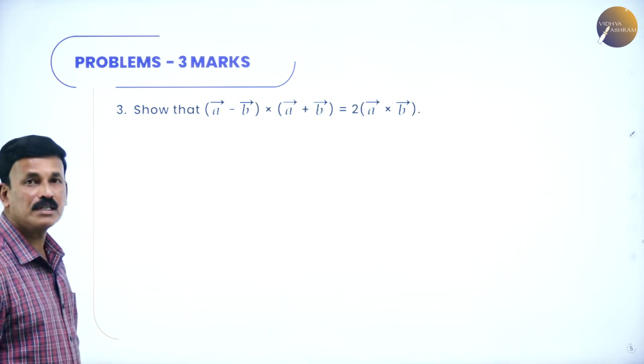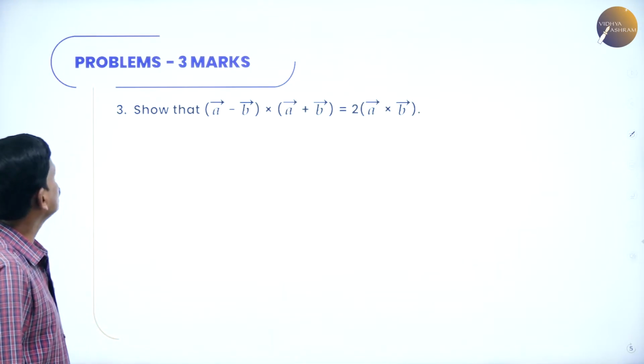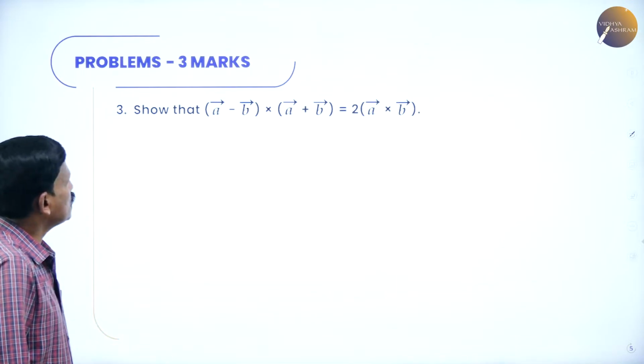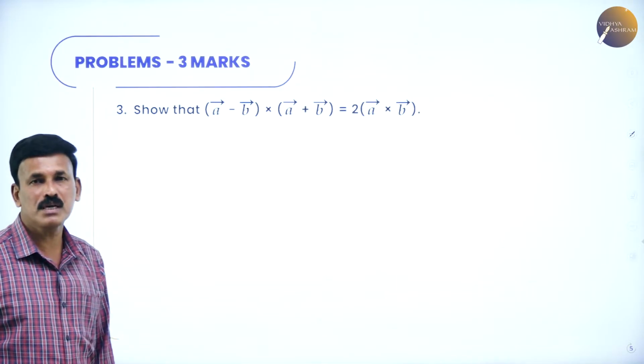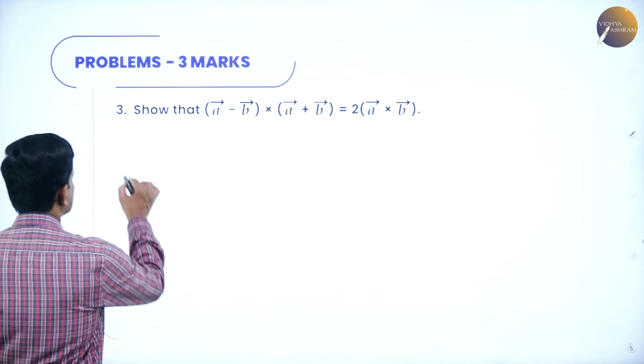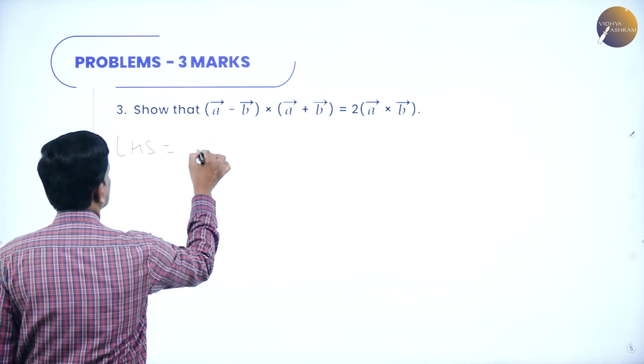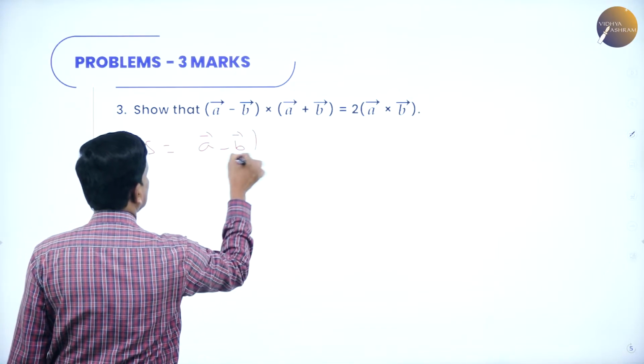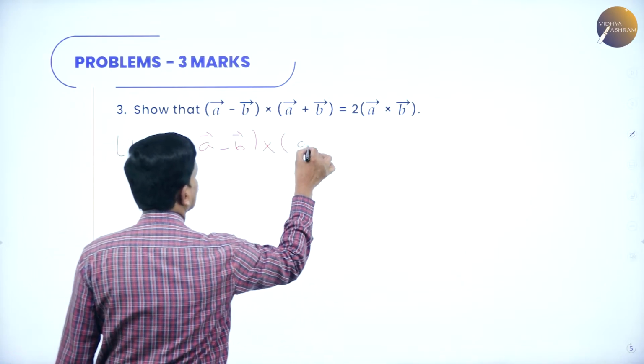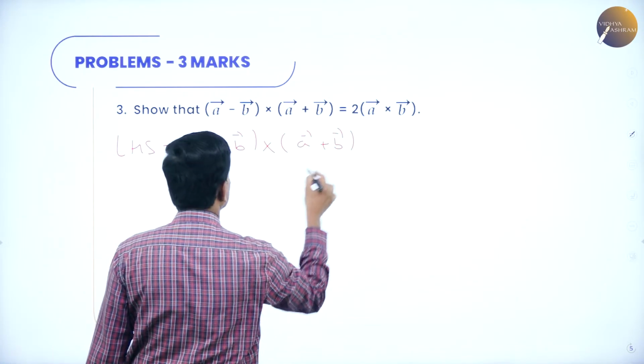Now let us come to the next problem. This is also a very important problem. Show that a minus b cross a plus b is always equal to 2 times a cross b. Now let us take LHS. LHS is vector a minus b cross vector a plus b. Just multiply it, cross.